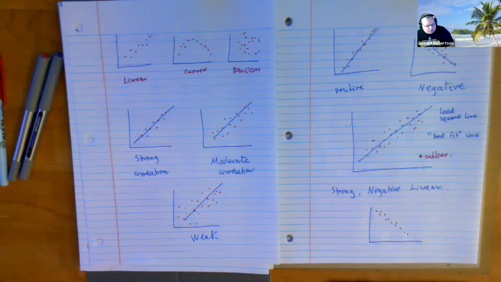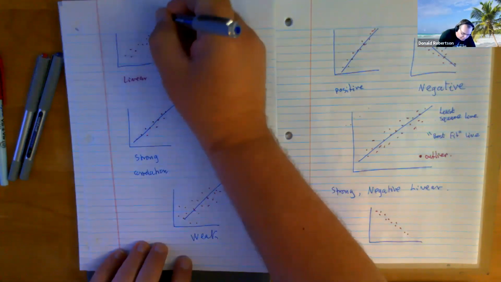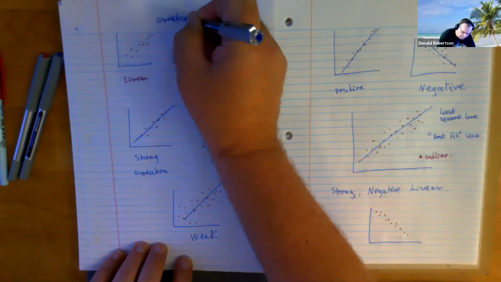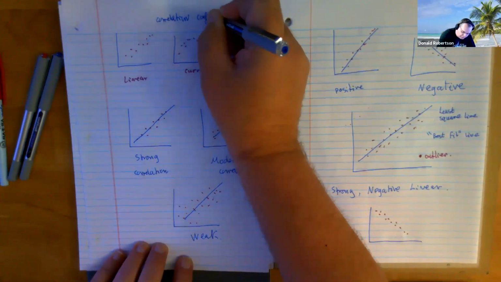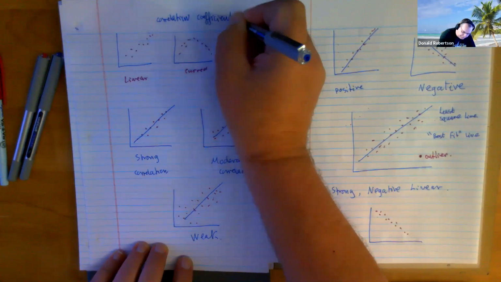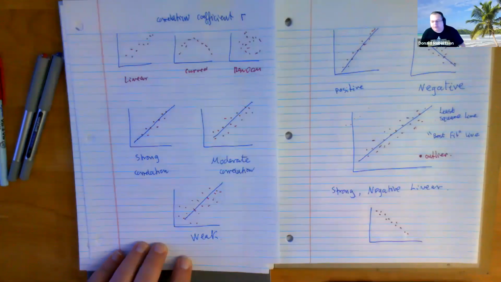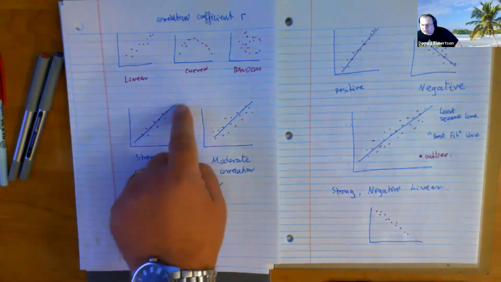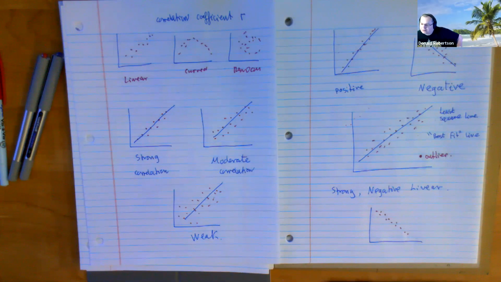We are going to look at a very special number, and this number is called the correlation coefficient. Everybody, including thankfully this textbook, uses the little r for it. The correlation coefficient is a number that tells you how close the data is to being a straight line.